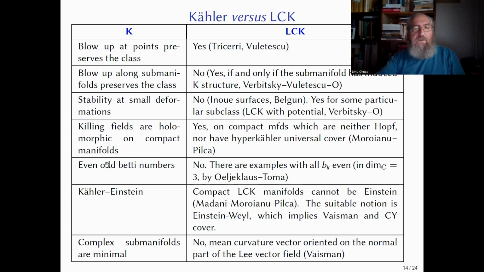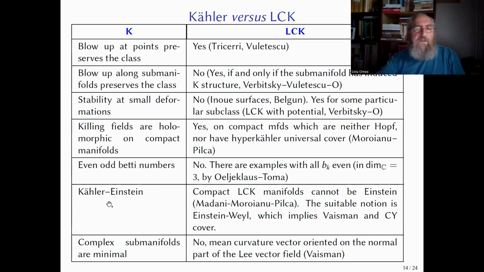This simple obstruction in Kähler, for many years, was asked by Vaisman in the LCK case, and it was thought to be true, but Oeljeklaus and Toma found explicitly in their paper a threefold in which all Betti numbers are even.